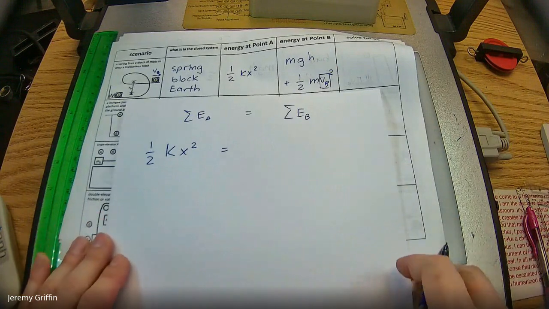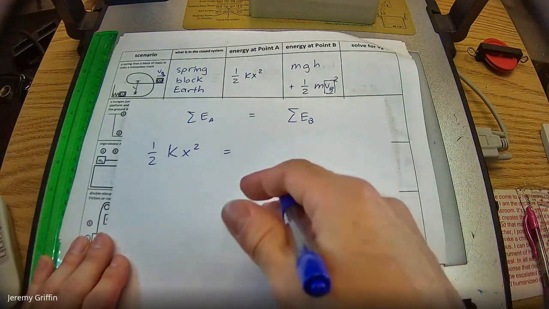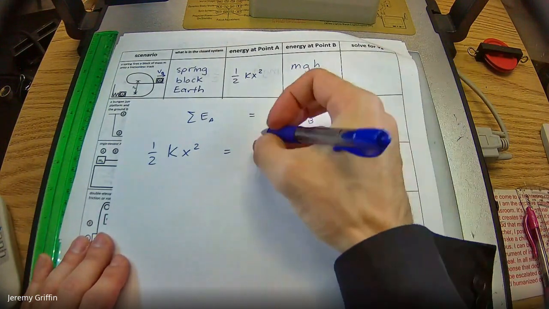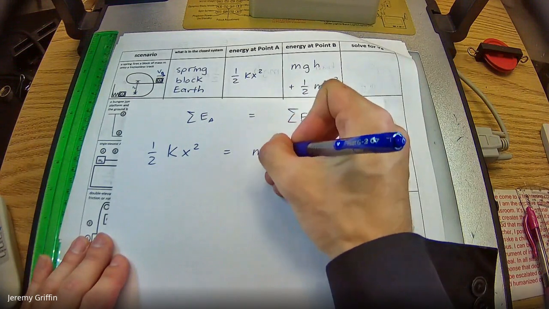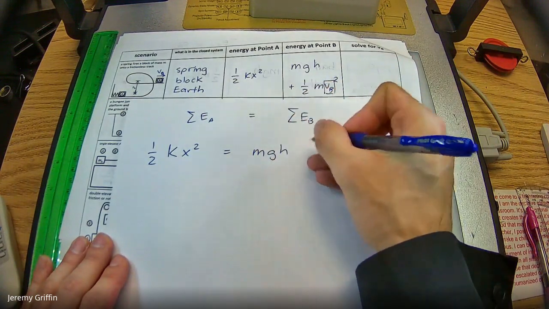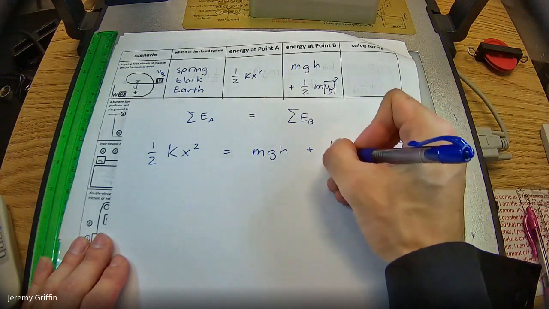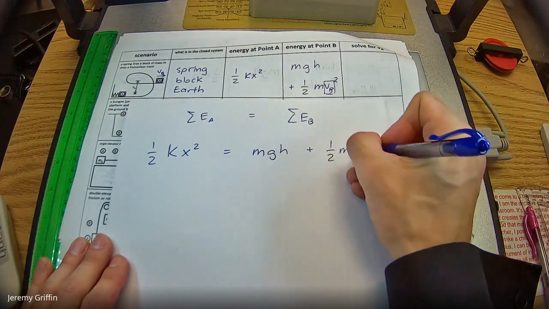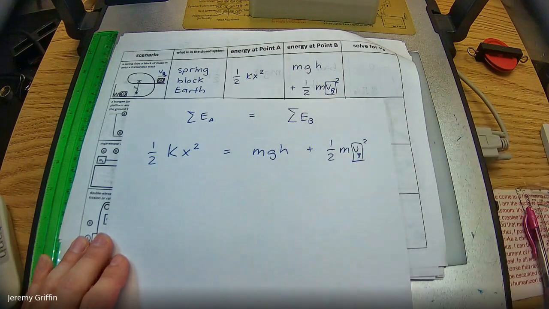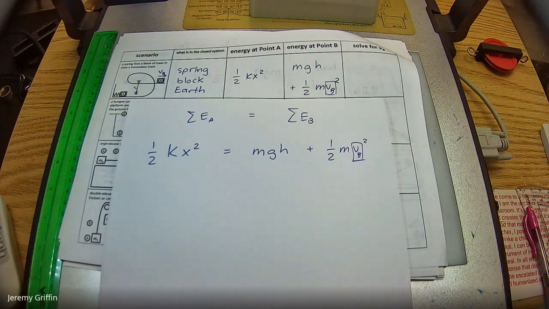And at point B, well, that energy went two ways. Had to lift the block against gravity, so had to do work lifting it, so that's your MGH. And whatever was left over would be going to its speed, so 1/2 mv squared at point B. Just like that. Okay, so that's the whole energy setup.